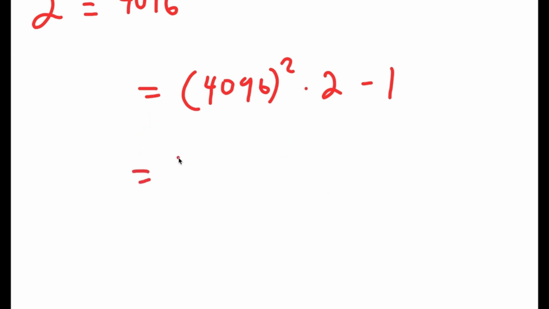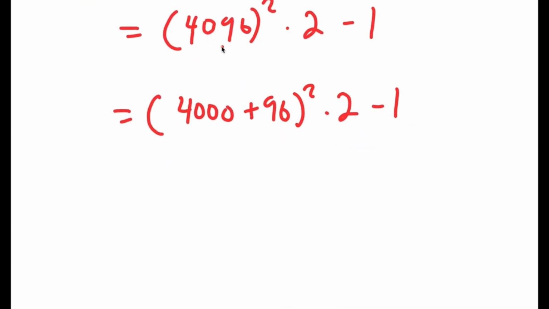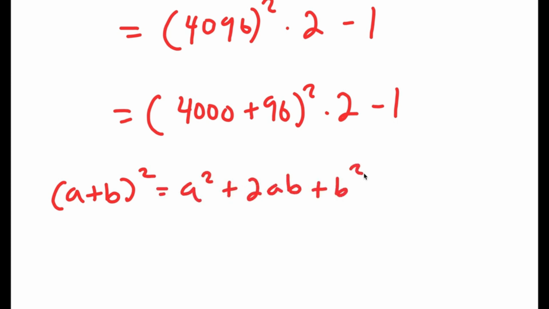And now this is equal to, I'm going to simplify this, 4000 plus 96 squared times 2 minus 1. And the reason I'm doing this is because 4096 squared is really hard to calculate by itself. So if we change it to 4000 plus 96 squared, I can use the property a plus b squared is equal to a squared plus 2ab plus b squared.